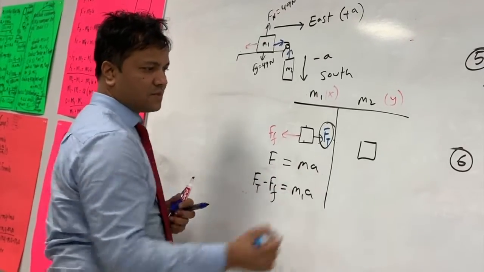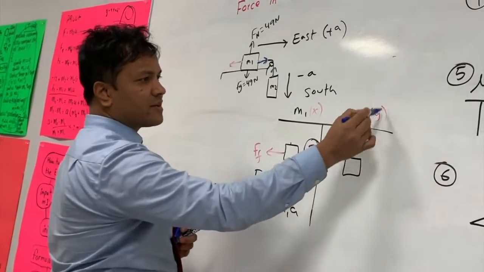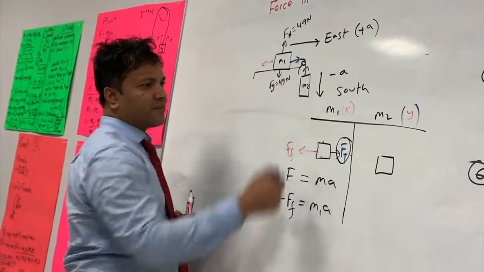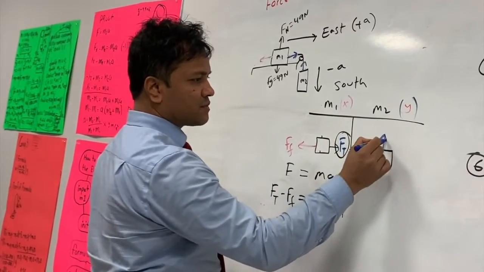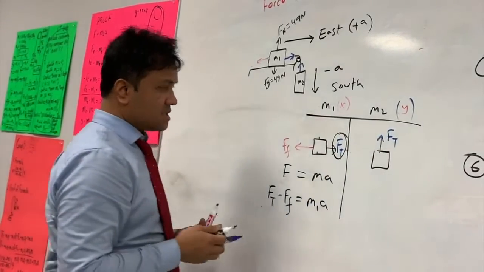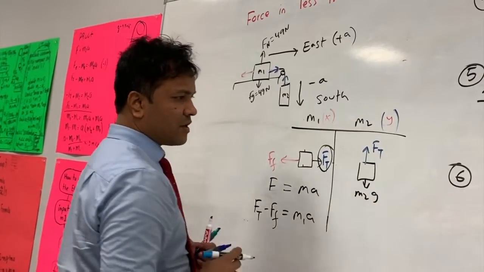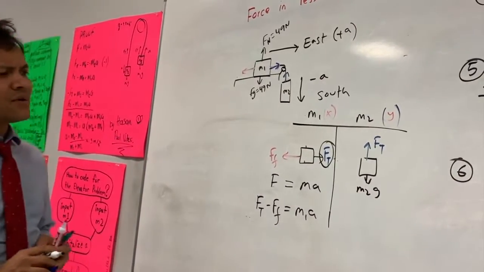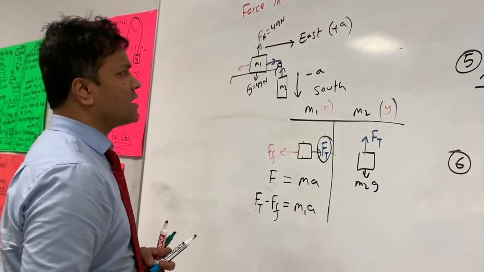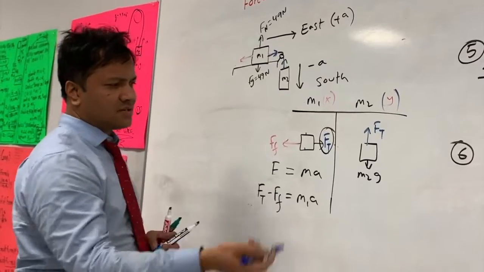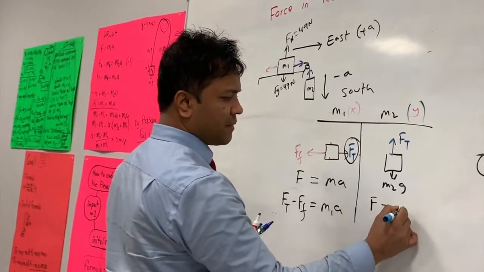Now let's do this one. Where is Ft? We have to do it in the y direction because it's accelerating in the y direction. This is Ft, so I'm going to use the blue Ft. This is M2g. So I'm going to use Newton's second law, but a different approach. Let's not say this is accelerating downward and use that. F is equal to ma.